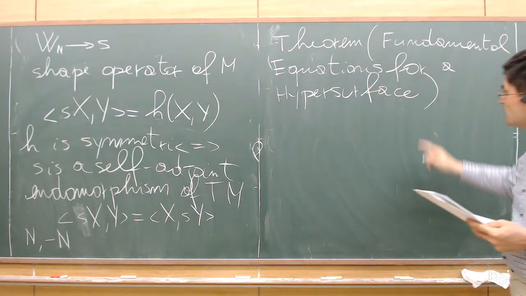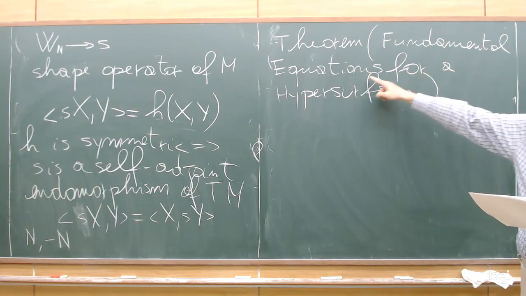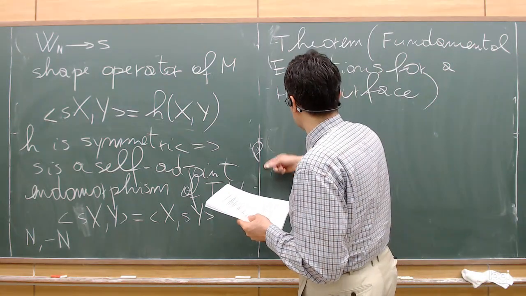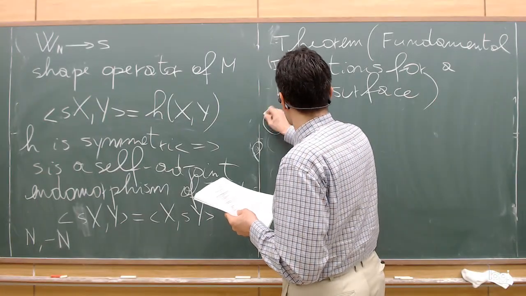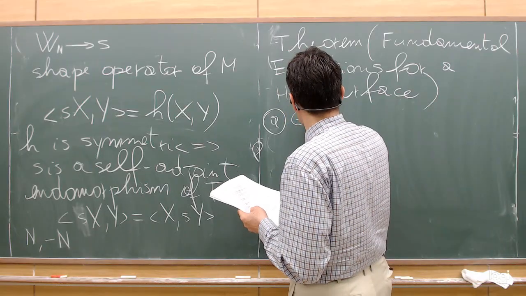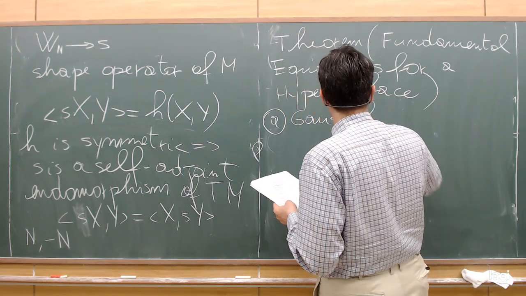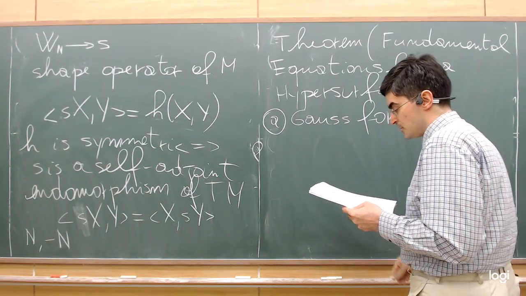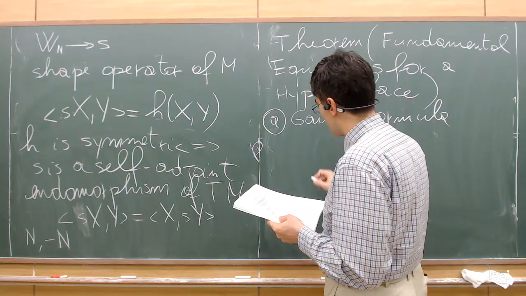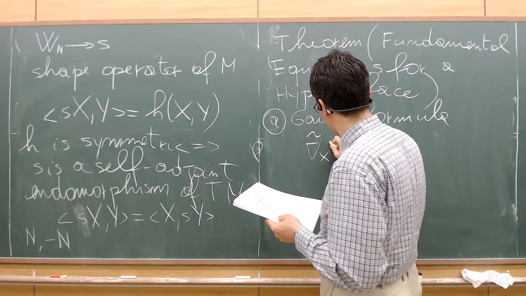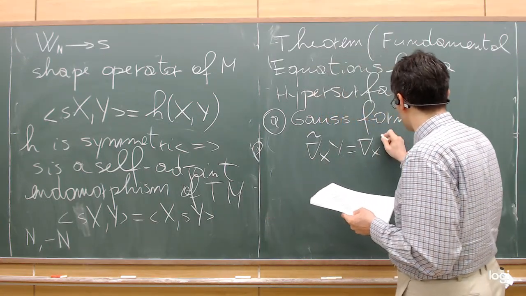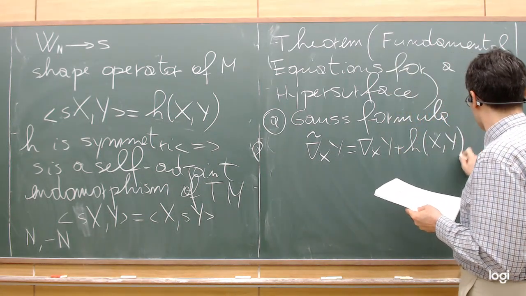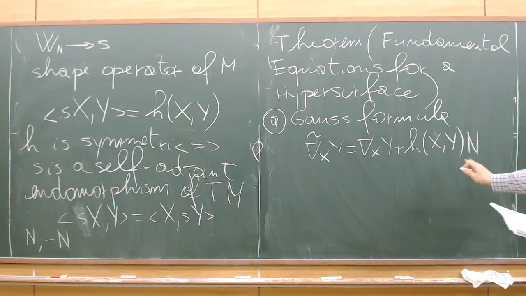They are consequences of the fundamental equations for a submanifold. So we have Gauss formula for a hypersurface. This is immediate.